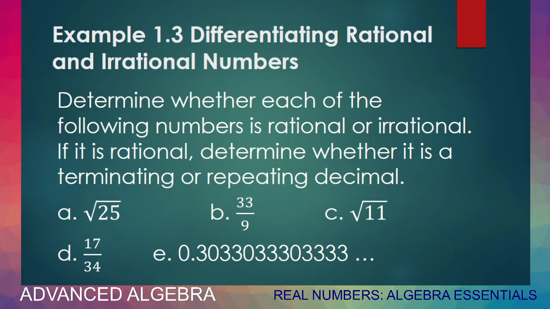Determine whether each of the following number is rational or irrational. If it is rational, determine whether it is a terminating or repeating decimal. Kung mapansin nyo, meron tayong mga example dito na wala sa diniscuss natin kanina, kaya ipapaliwanag natin. Tumungo tayo sa letter A na example.